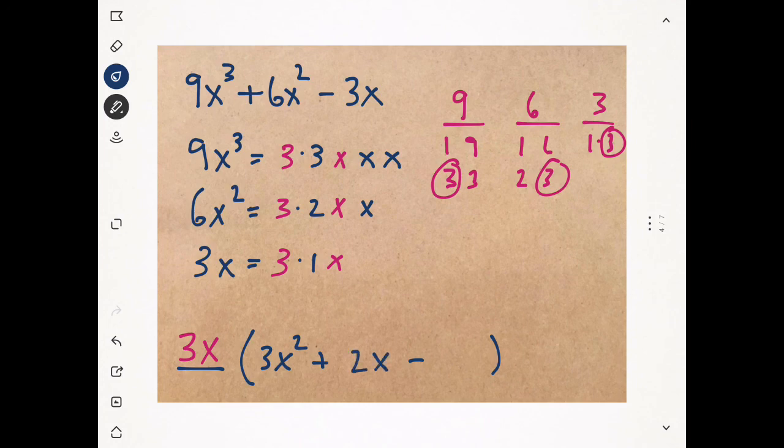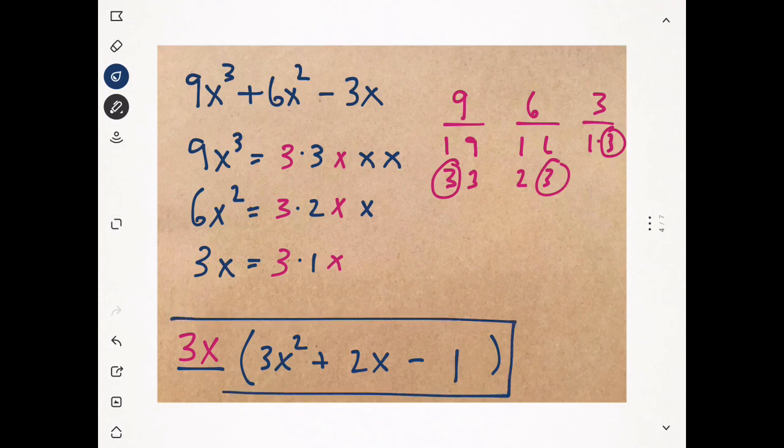And then in the last one, and the reason I set my answer up before we even did any work is because of this last one, a lot of people forget the 1. So we need to make sure we have that 1 in there for our answer. So if I factor 9x to the third plus 6x squared minus 3x by greatest common factor, I get 3x times the quantity of 3x squared plus 2x minus 1.